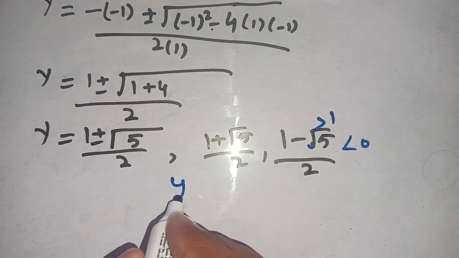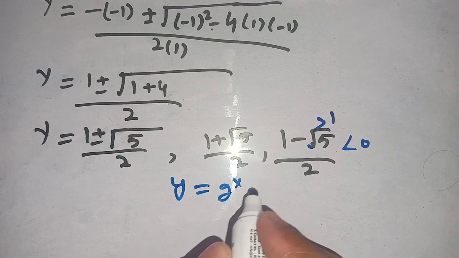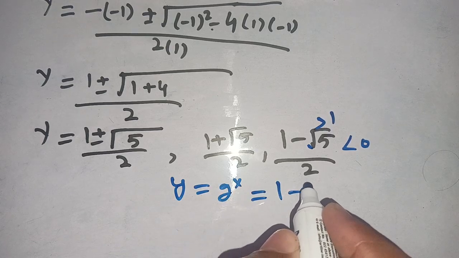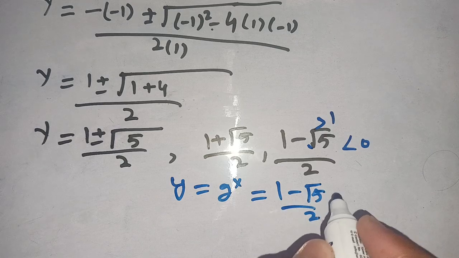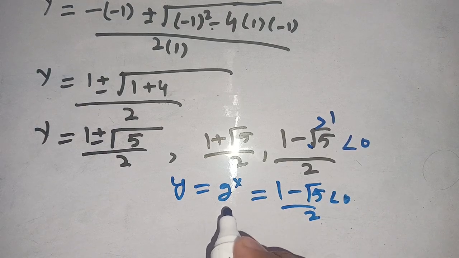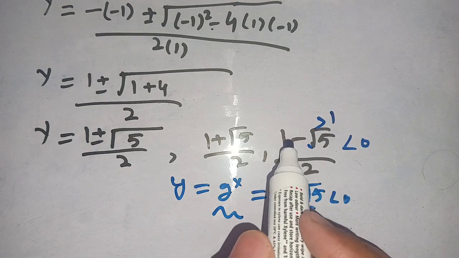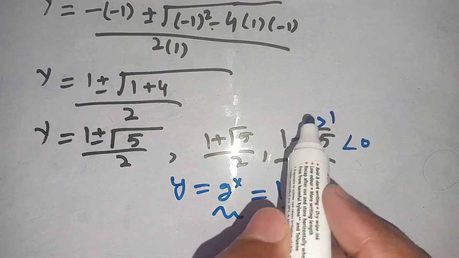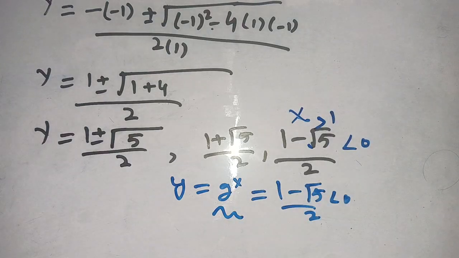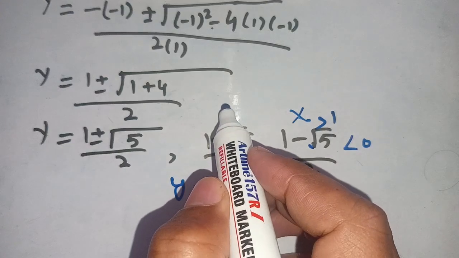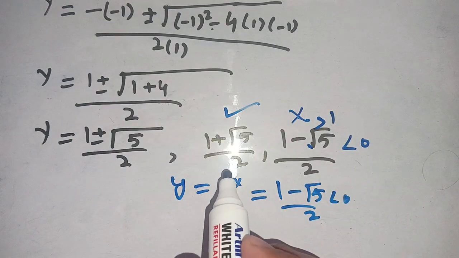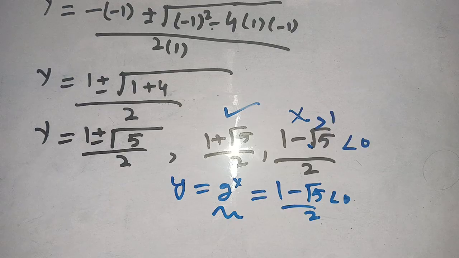But y = 2^x, and 2^x = (1 - √5) / 2 is less than 0, which is not defined. Thus we have to reject this root (1 - √5) / 2. Now we have only one root, (1 + √5) / 2.